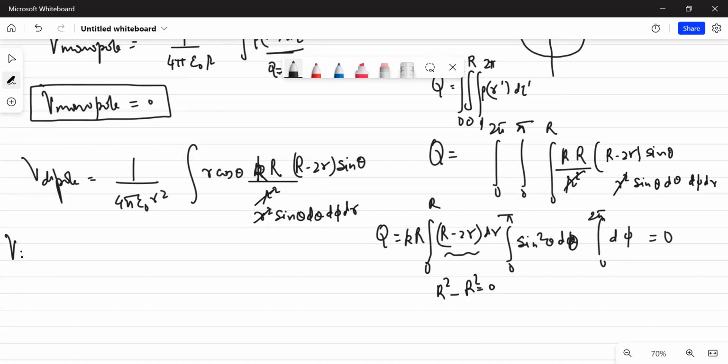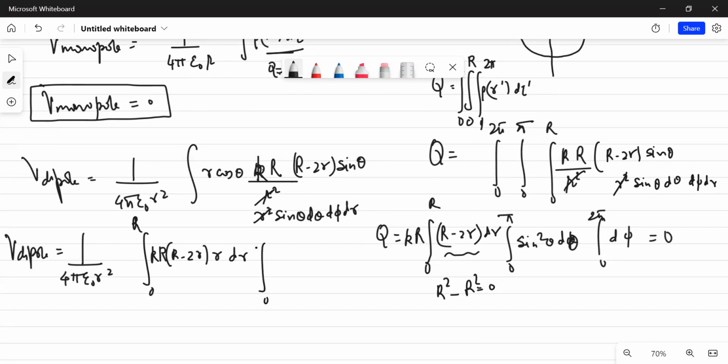So again, I'll write V due to dipole would be integration 1 upon 4 pi epsilon naught r square. Let us find this integration. This integration would constitute capital R, k, and then you have r minus 2r, and then small r. This is dr from 0 to capital R. Is that clear?